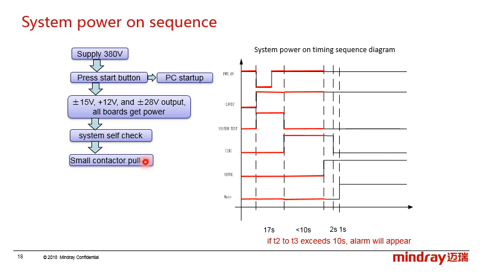Then the small contactor will pull in, and the bulk capacitor starts to charge. After the bulk capacitor charges to 480 volts, the sense signal will change to high level.